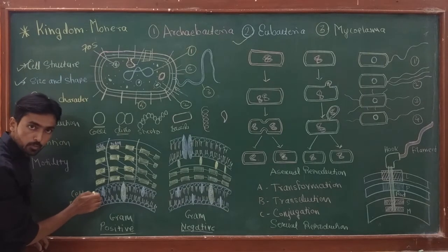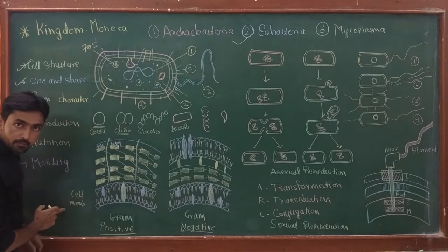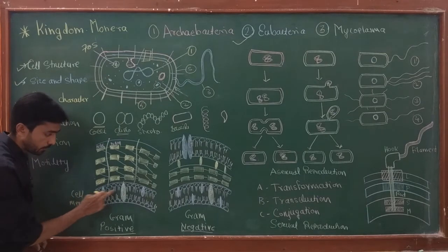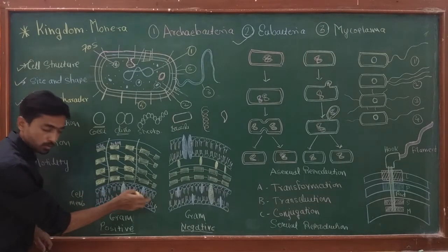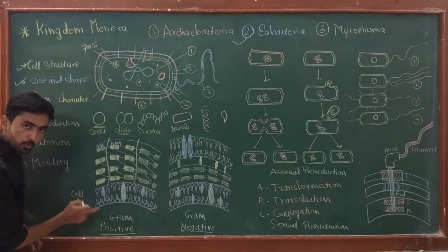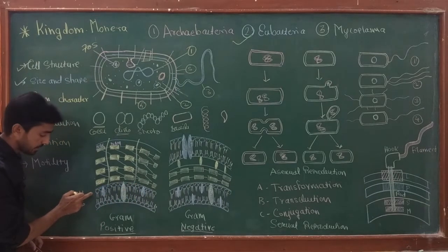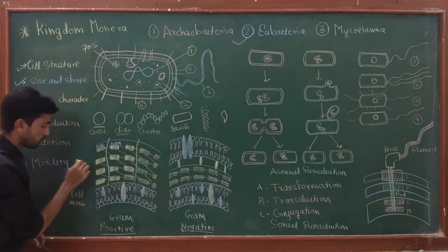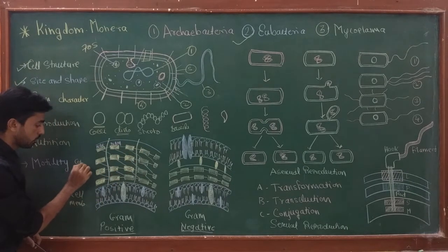This is the fluid mosaic model of the cell membrane, which shows the phospholipid bilayer and different types of protein embedded in it. So this is the structure of the gram positive bacterial cell membrane, and outside the cell membrane a thick peptidoglycan layer is present, called the cell wall.